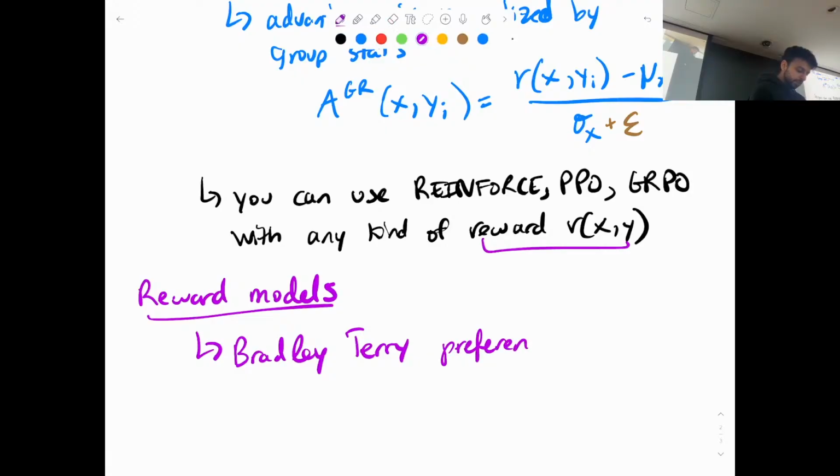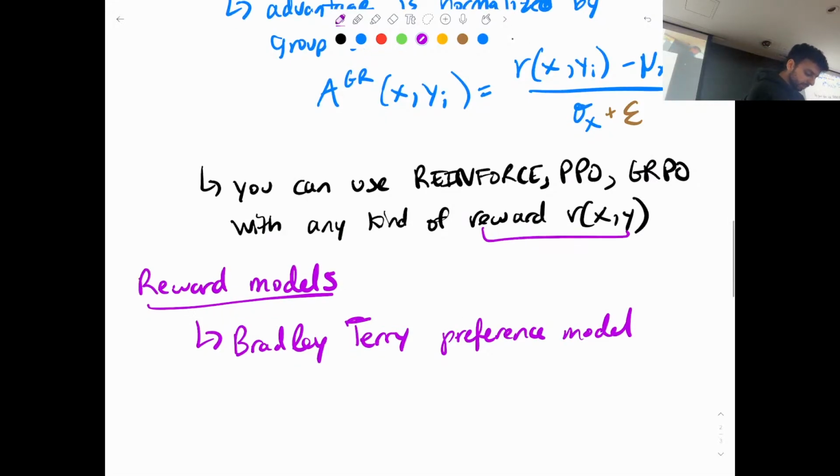Note that this use of model is not the same as some neural network model. The Bradley-Terry preference model is a statistical model of how you should handle preference judgments. And so we are going to use this to train a neural network reward model.